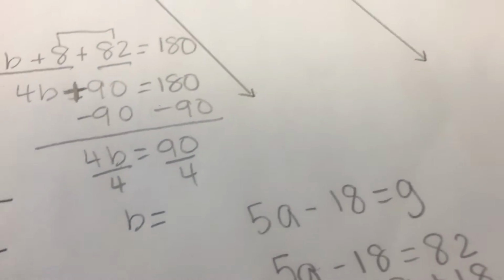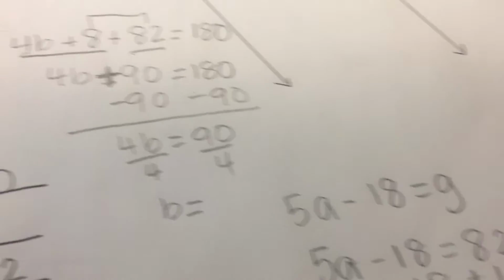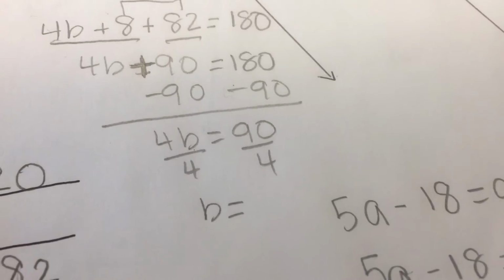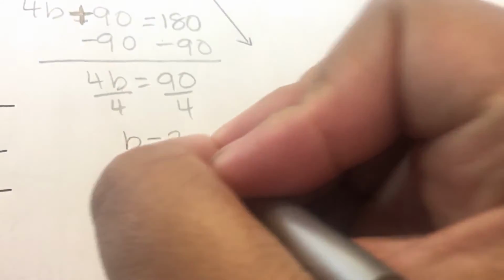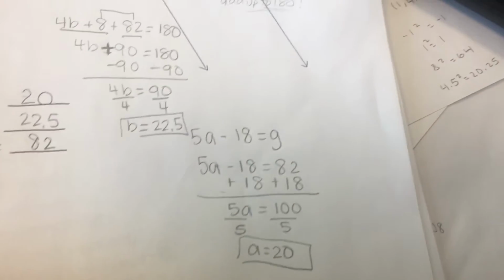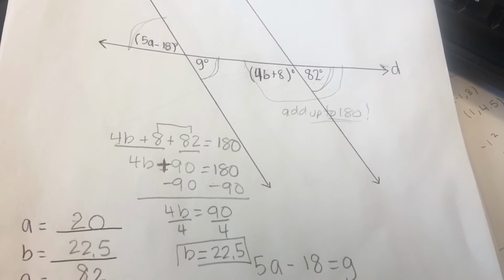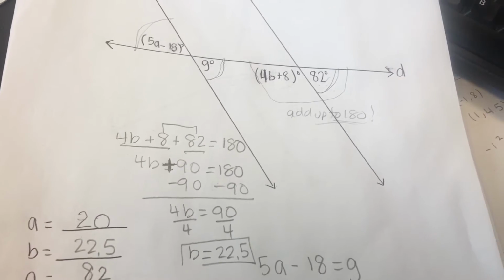I'm going to hop on my calculator for a second. And I find out that B is 22.5. So that's how you were supposed to answer the question, and a lot of you did not do that.